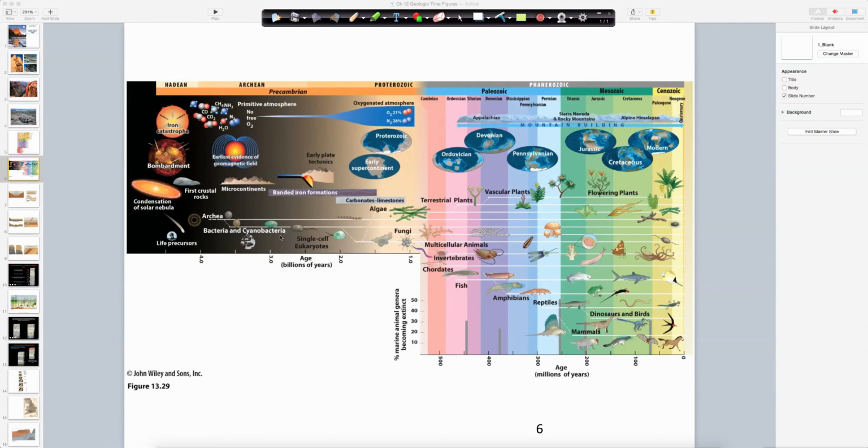Down here you start looking at evolution. So archaea and bacteria, these are the first organisms. They appeared about 3.5 billion years ago, and the Earth is dated to 4.5 billion years. So you can see where life is and then how it spreads out through geologic time. This is just a really good pictorial representation of geologic time.